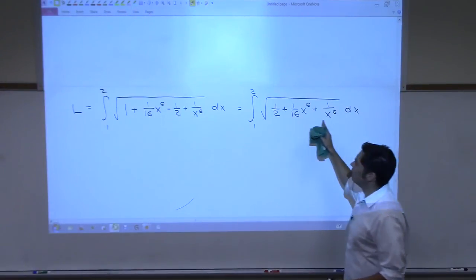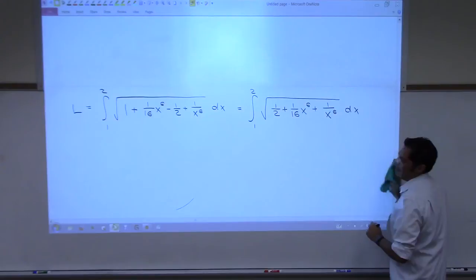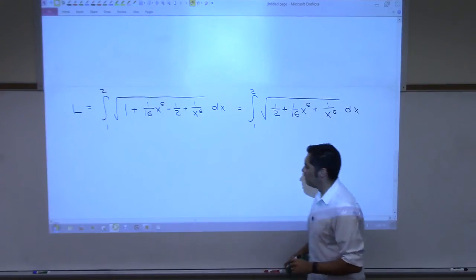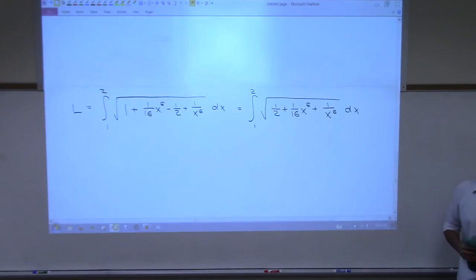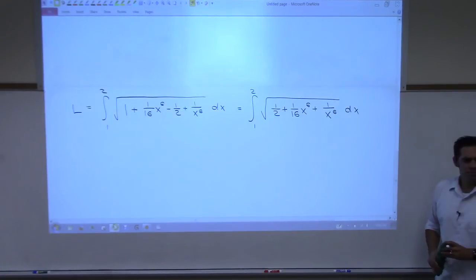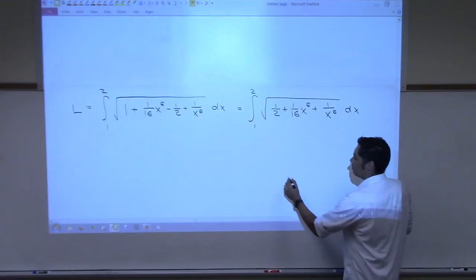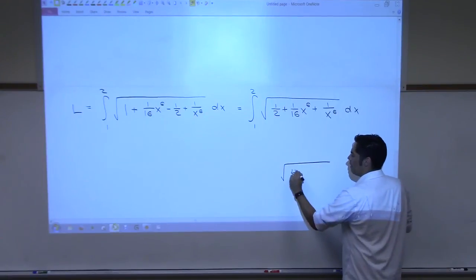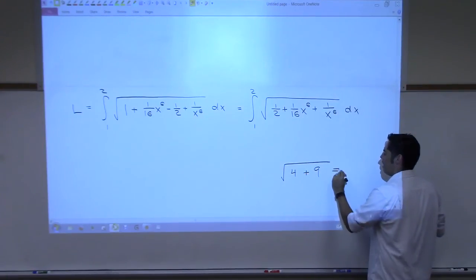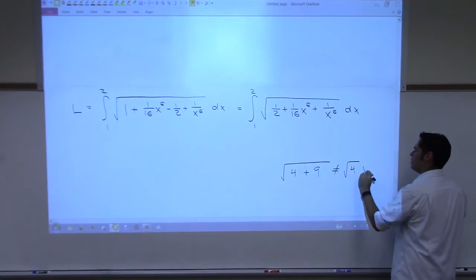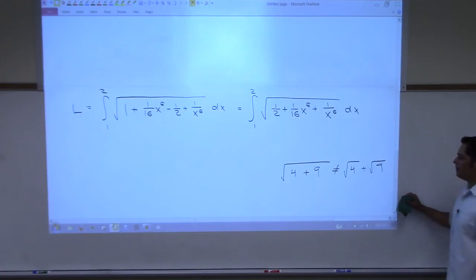Split into 3 different roots. Can you do that? Is that a legal algebraic move? Why can't you split up roots like that? Like if I had this, why can I not do this? Because it's locked in?